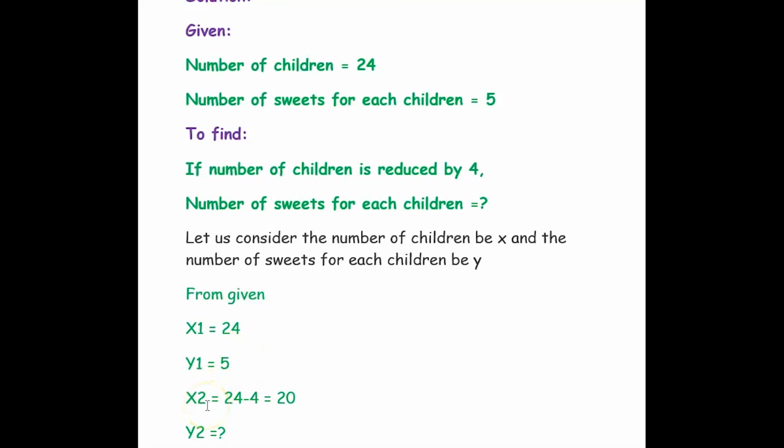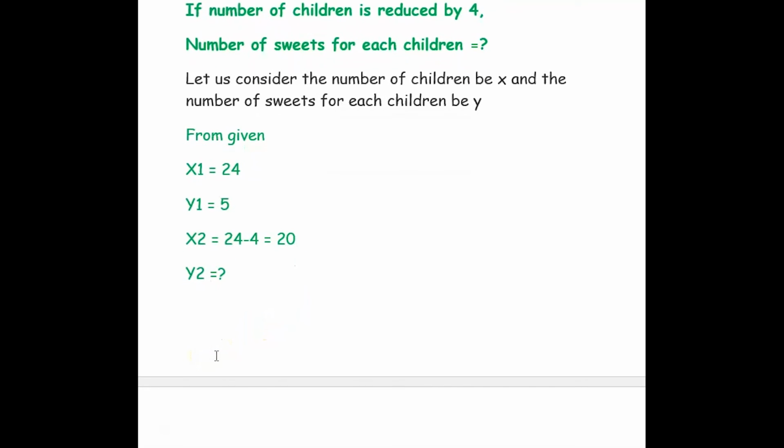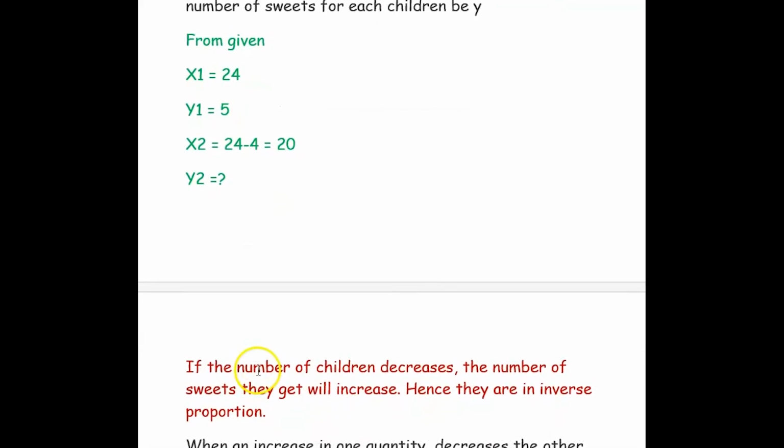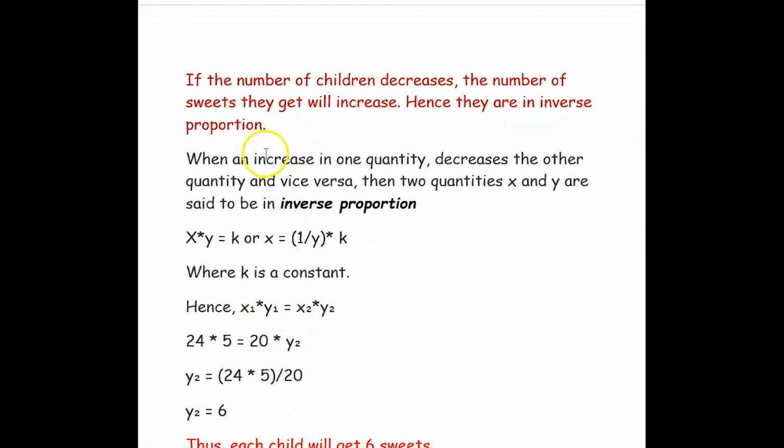Now the number of children is reduced by 4, so 24 minus 4 is 20. So x2 is 20, and y2 is the number of sweets each child gets when there are 20 children, which we want to find out. As the number of children decreases, the sweets received by each child will increase. So they are in inverse proportion: when one quantity increases, the other decreases correspondingly.